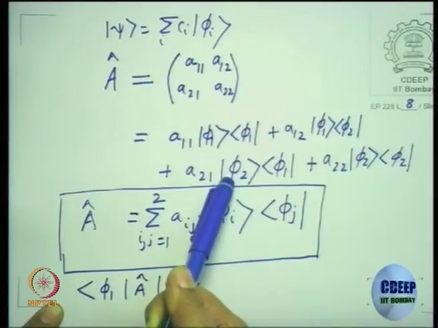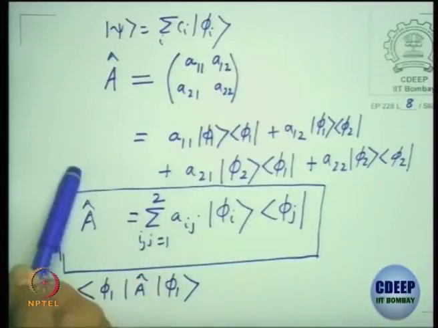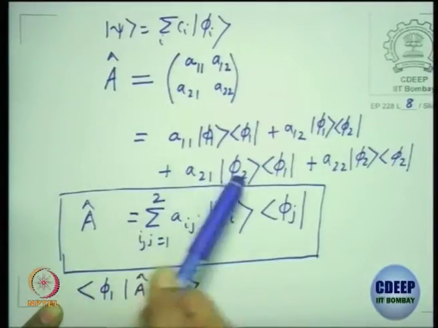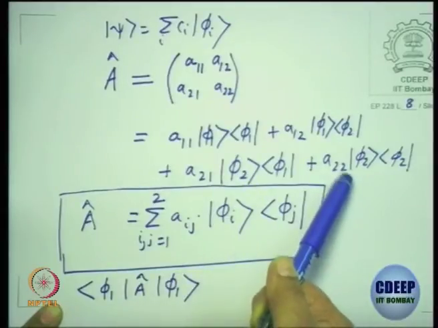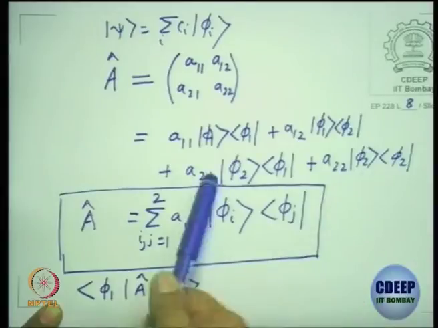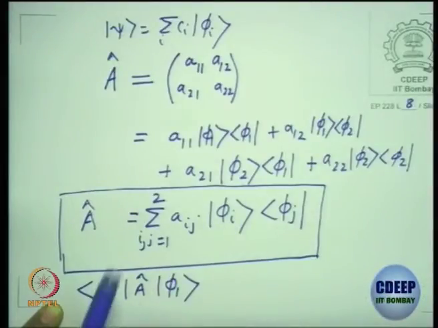Third term will be 0 by the orthonormal property, right? If I operate phi 1 on phi 2, it is 0. Similarly, phi 1 phi 2 is 0. So these 2 terms will be 0. By putting the bra vector phi 1 on one side and the ket phi 1 on the other side, these 2 terms are going to be 0.